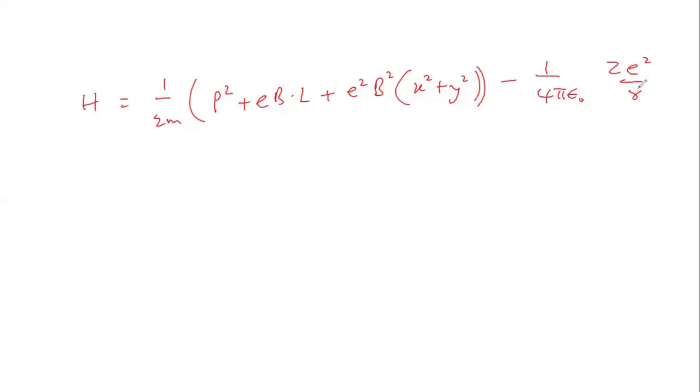And you'll observe that B dot L assumes the characteristic form of the energy of the magnetic dipole moment, mu, in a magnetic field.